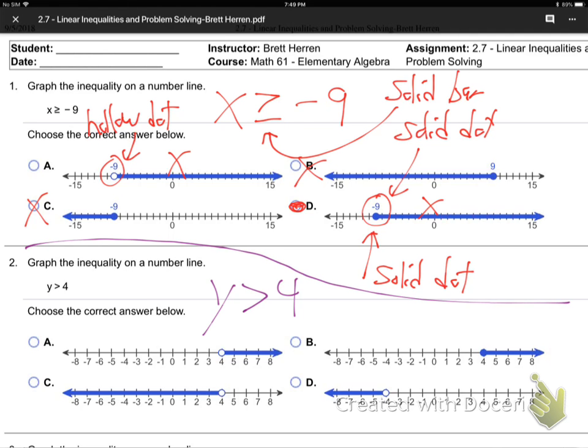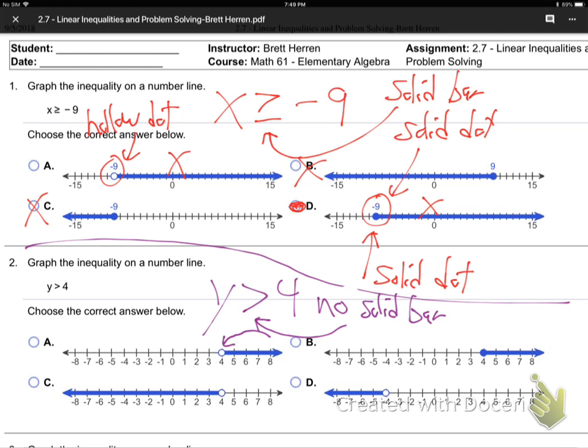And it's A because A has the hollow dot, which is what we have. We have no solid bar, so then we do not have a solid dot.